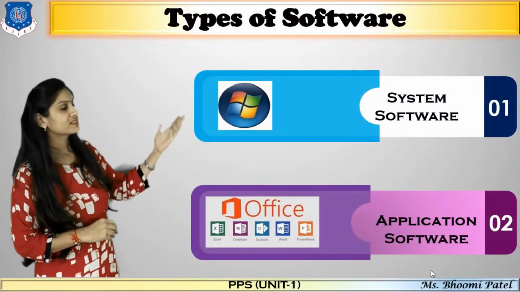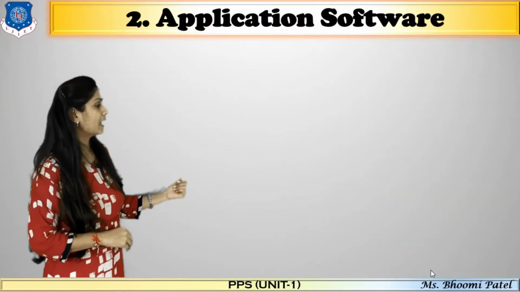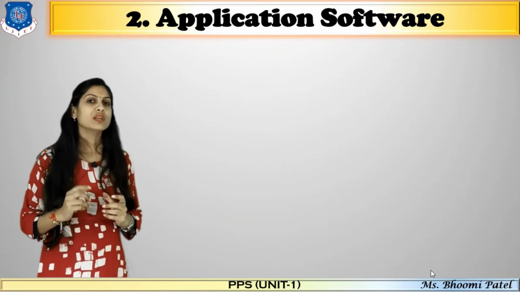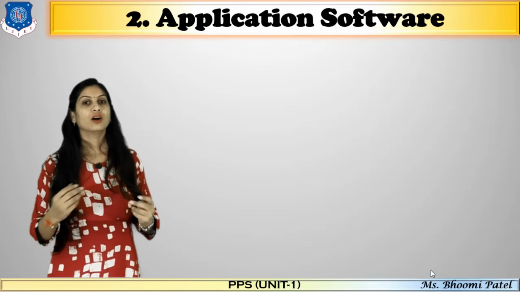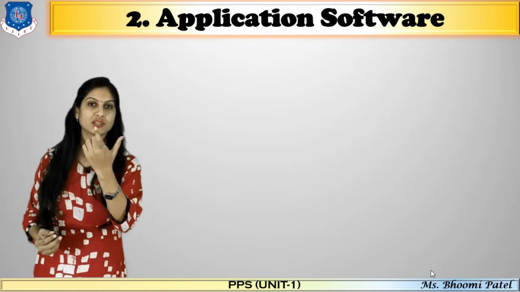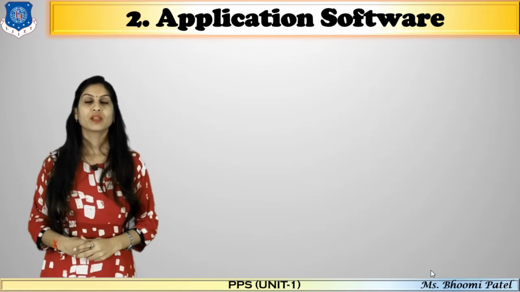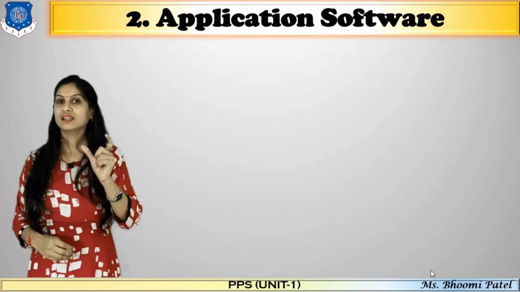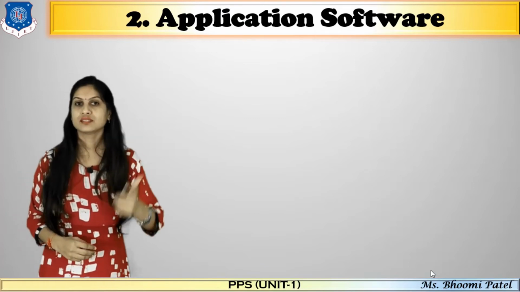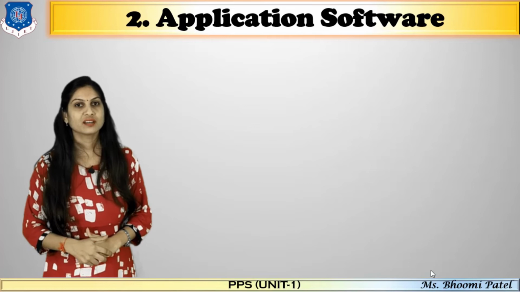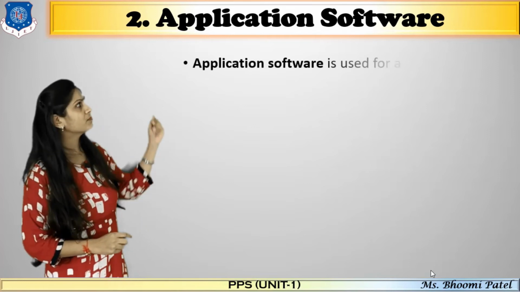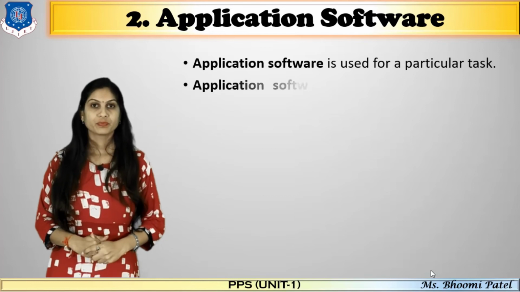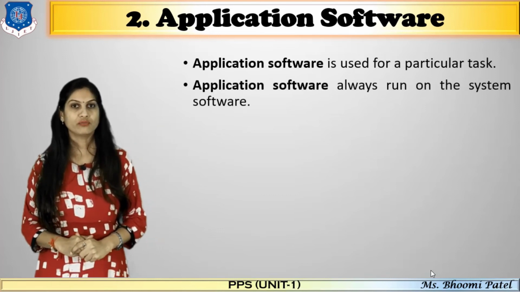So move to the second part, application software. How is application software different from system software? Obviously the word is application, not system. System software is mandatory, compulsory to run the system, but the application is not compulsory. It performs some specific task, that is application software.